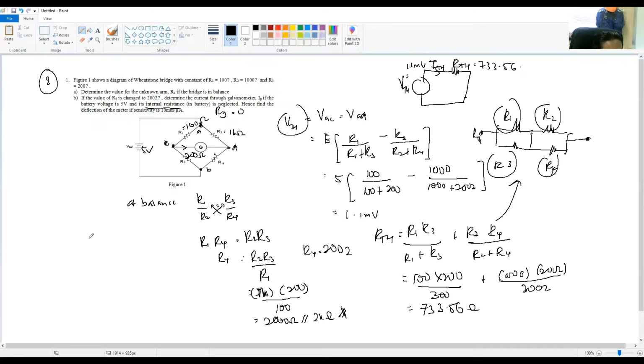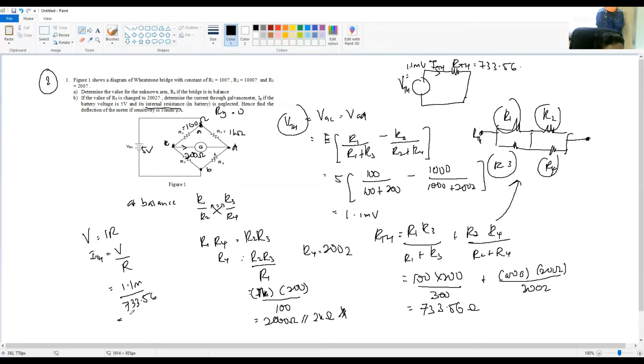And then from the formula V equals IR, we can calculate the current: voltage divided by R. Substitute the value 1.1 milli divided by 3733.56 ohms.